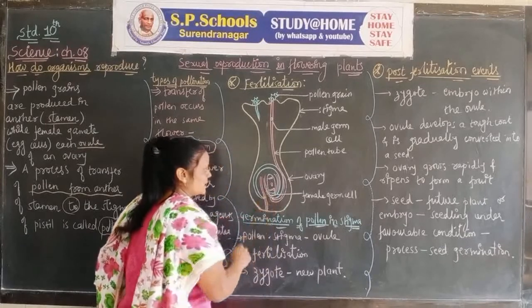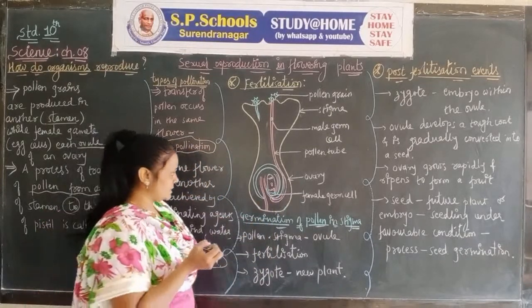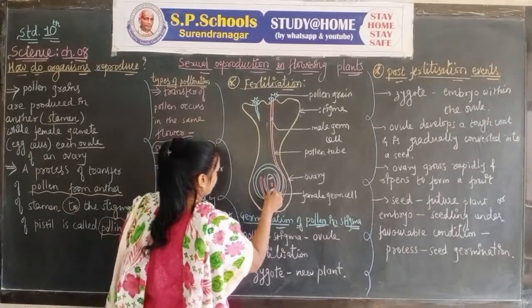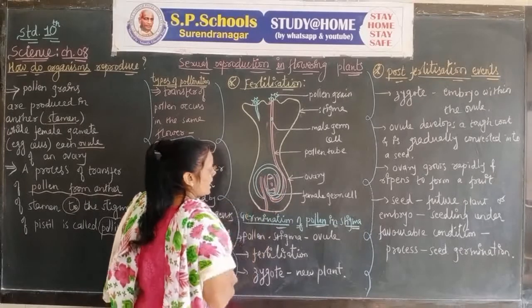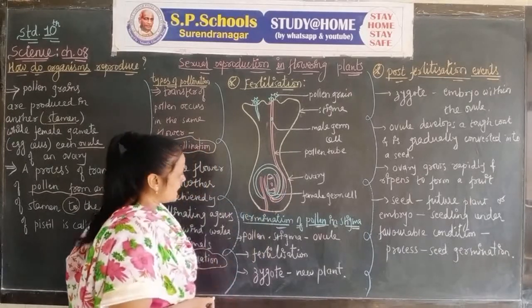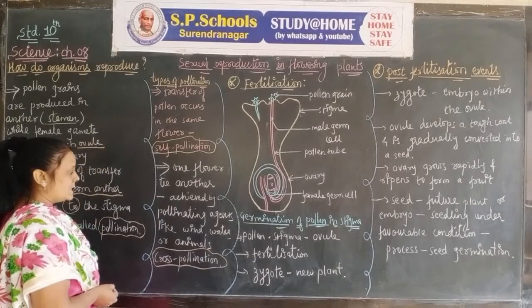Here you can take 8 cells, 1, 2, 3, 4, 5, 6, 7, 8, the female germ cell, and the diagram shows germination of pollen on the stigma.